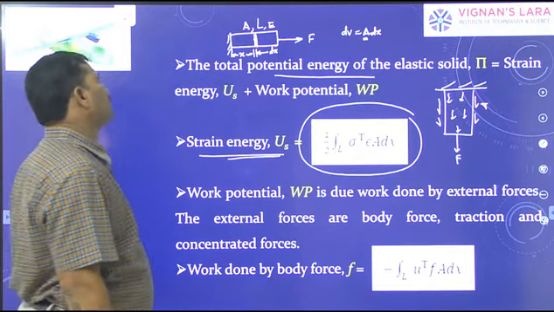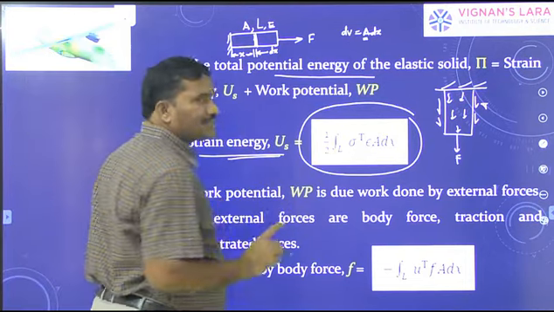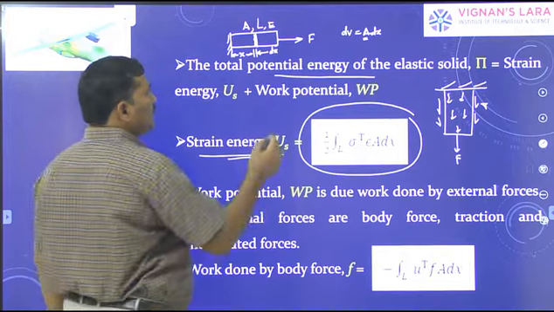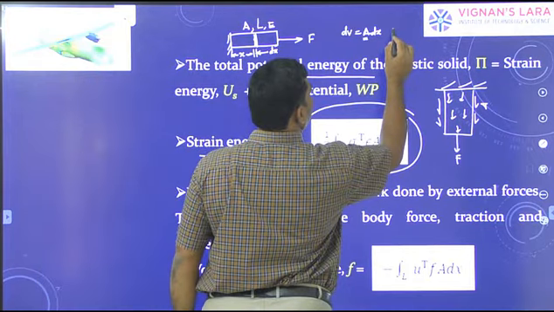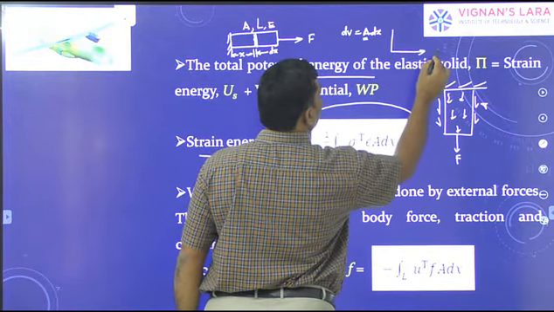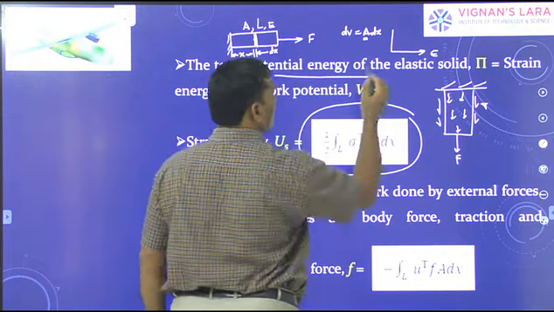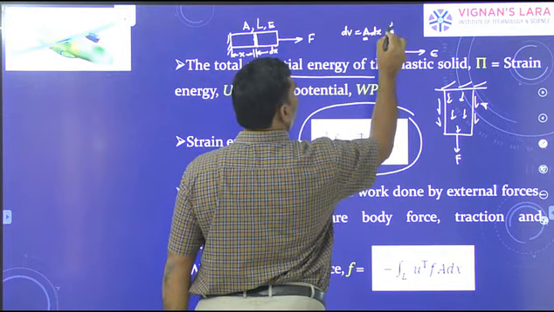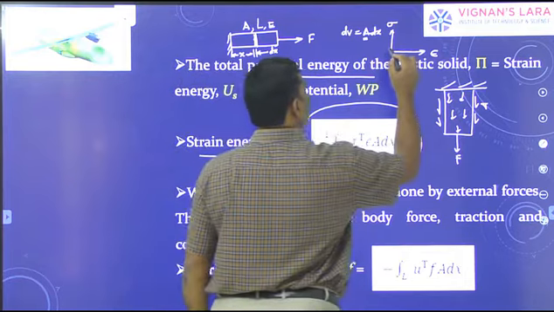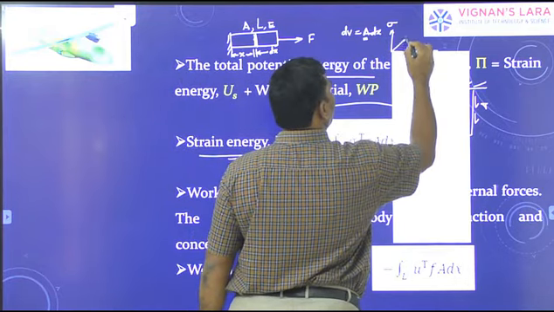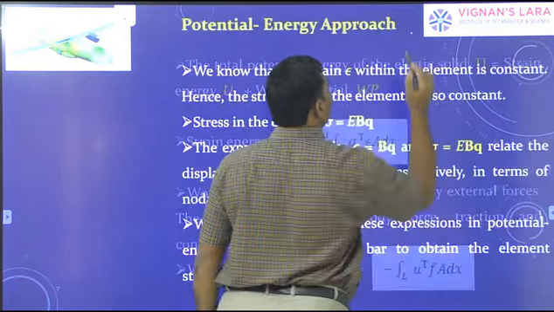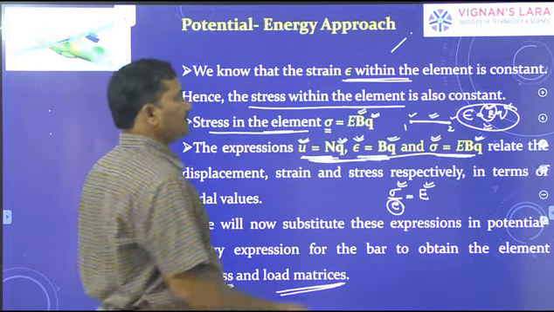Now, when you plot a stress-strain diagram, taking strain on the x-axis and stress on the y-axis, within the limit of proportionality, stress is directly proportional to strain.